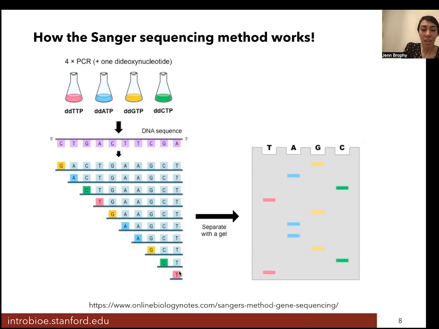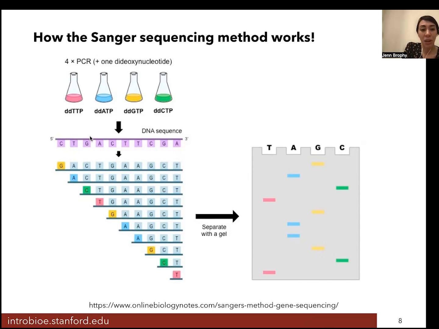Whereas if you're in this ddCTP, you may elongate with that one base and then have a stop at C. But what I want to point out is that this contains a mixture of nucleotides that are both dideoxy and deoxynucleotides. So occasionally in even this reaction condition, you'll incorporate a T as normal in this position and then go on to hit another T later where you incorporate a terminal nucleotide.